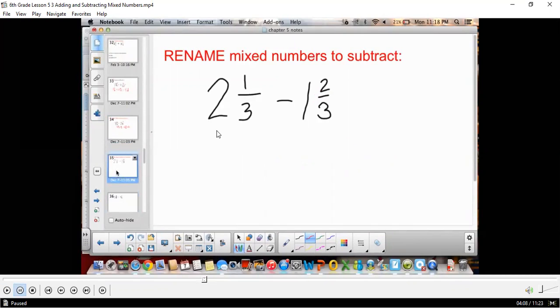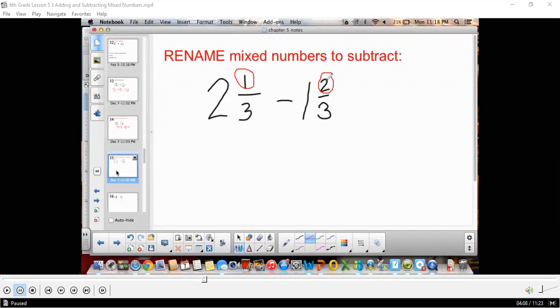Okay, then let's move to another question. In this question, I have 2, 1 over 3 minus 1, 2 over 3. You have to note something very important here. What do you notice, my dear students? We have 1 minus 2, right? It could be answered with a negative number, but we want to make the first one greater than the second one.